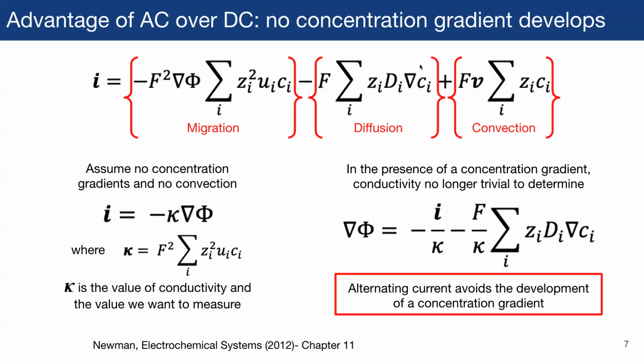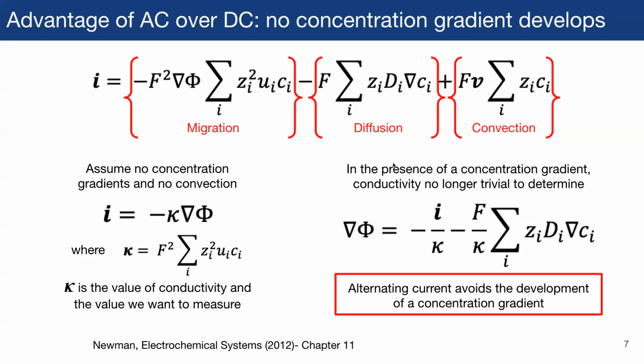We have one component that is driven by diffusion, where the driving force is concentration gradients. And then one more term, convection, which is literally movement of species that is not driven by any sort of gradient.